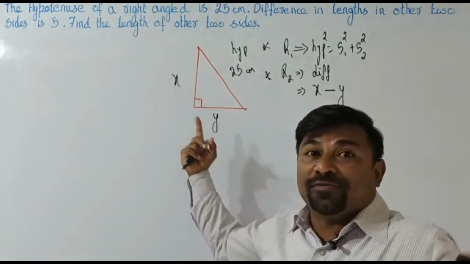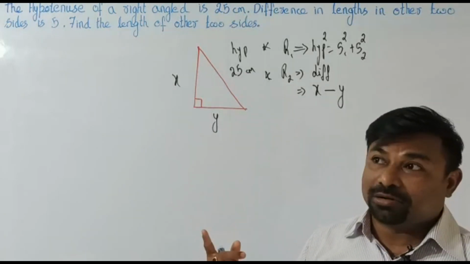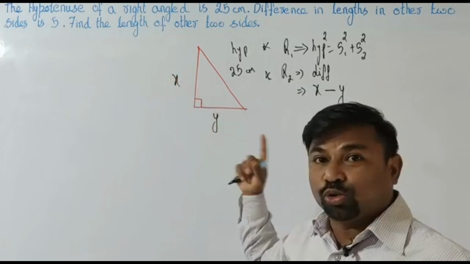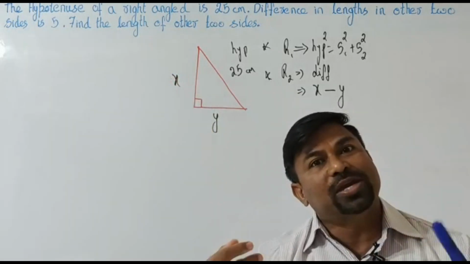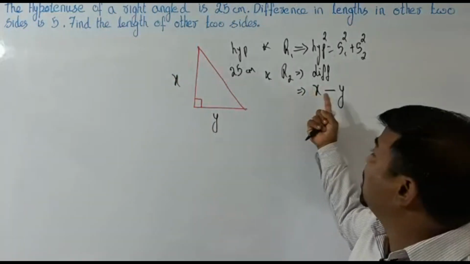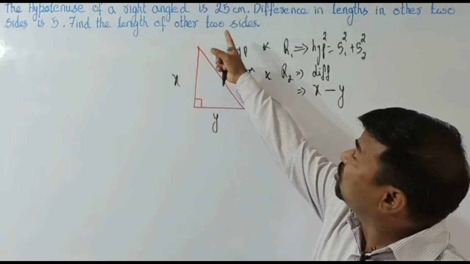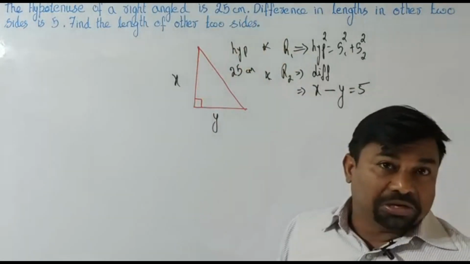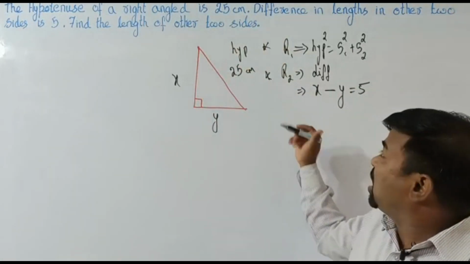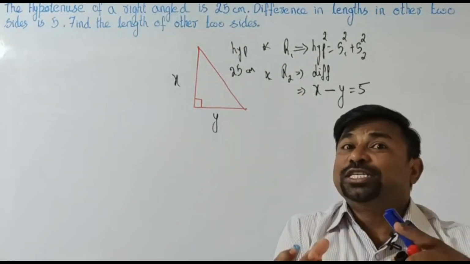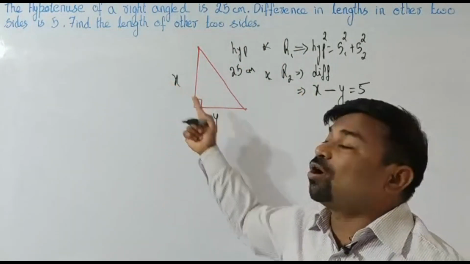Then what to do? We have two variables, so out of these two variables, we have to eliminate one. How to eliminate? He has given us a relation: the difference of the two sides equals y. I like to call this relation the helping relation, a relation which is used to eliminate one of the variables.